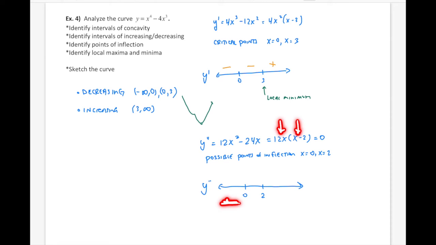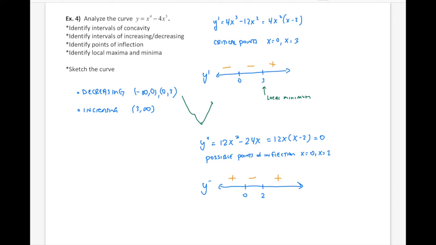Negative times negative is going to be positive. Concave up. I'm going to pick something in between 0 and 2, say 1. It'll be 12 multiplied by 1 minus 2, 12 times negative, that's going to be negative. Concave down. I'm going to pick something beyond 2, say 3, that's going to be positive.